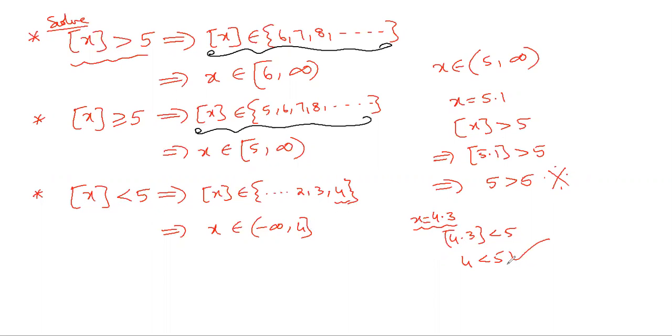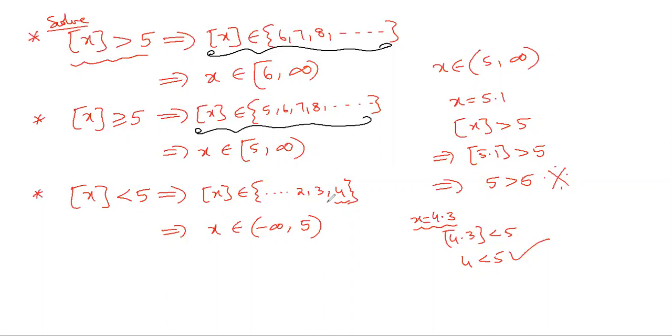Yes, sir. So it should be closed 5, open interval. Very good. It should be open interval 5. So 5 cannot be there, but anything less than 5, 4.9999, is also fine. Because when you take 4.999, its integral part value will be 4.